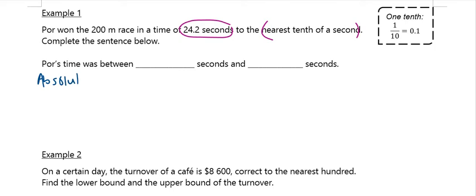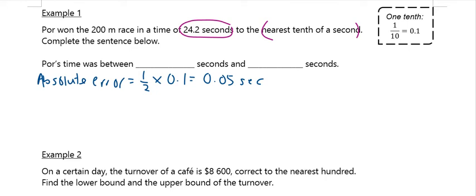To count your absolute error, you have to halve your units of accuracy. So here your units of accuracy is 0.1. When you multiply half with 0.1, you will have 0.05. So this is your absolute error.